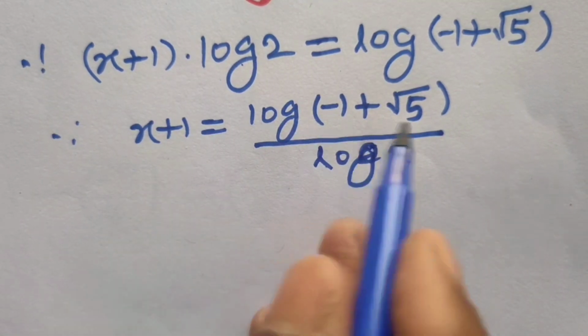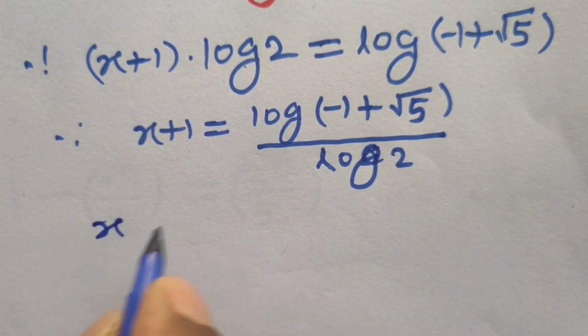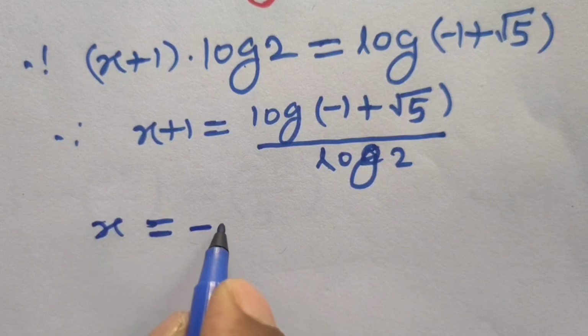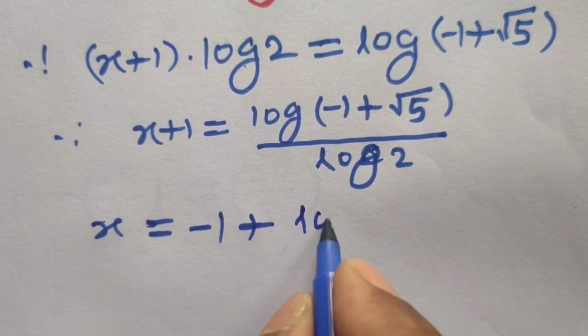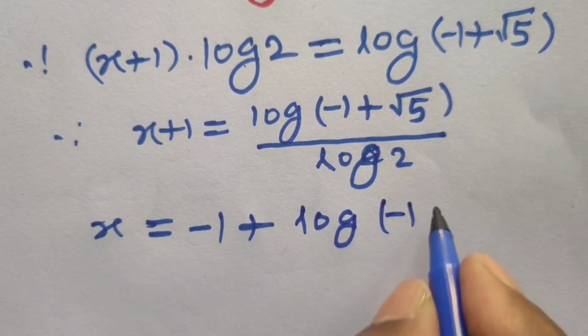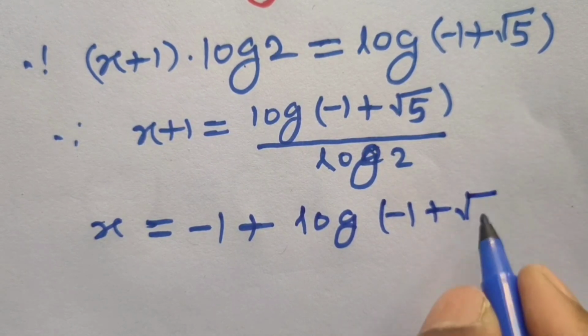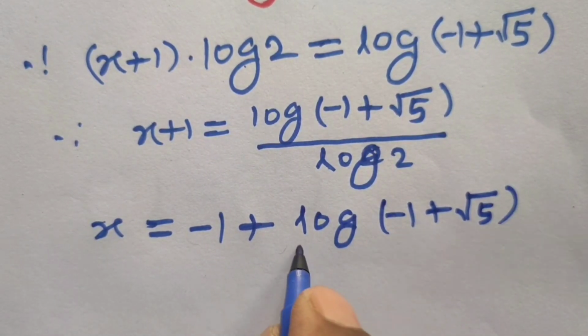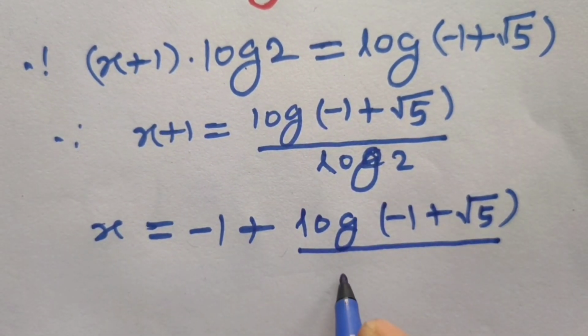Plus 1 we have to take on the right hand side, x is equal to minus 1 plus logarithm of minus 1 plus root 5 divided by log 2.